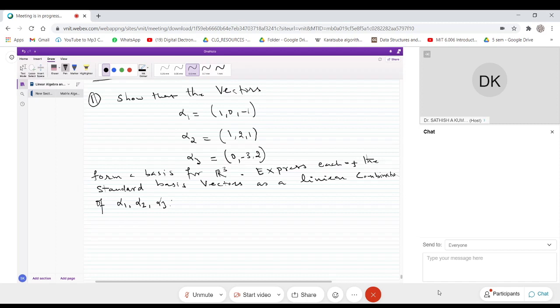One is that it is linearly independent, and the second is that it is a spanning set. Let me write in the exercise whether it is correct.